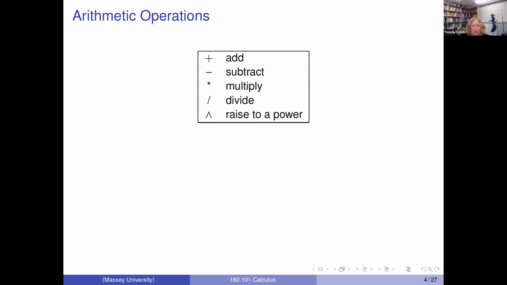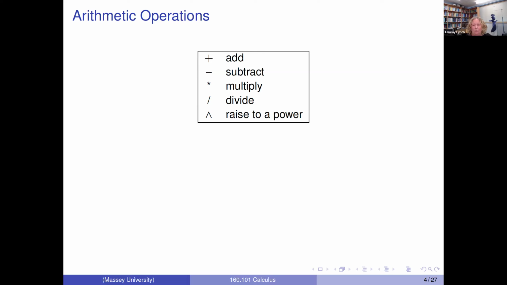So first, your arithmetic operations. We all know about the operations of adding, subtracting, multiplying, dividing, and raising something to a power from our school days. Here, what we want to make sure we all understand is how to enter that into the computer to provide your quiz answers so that the computer understands exactly what it is you're saying.